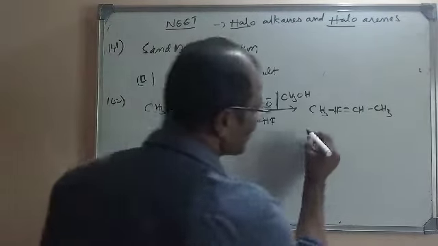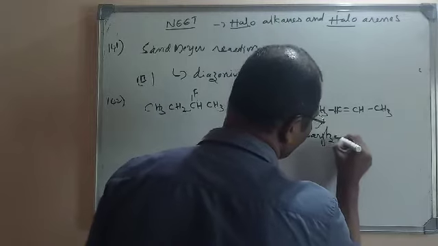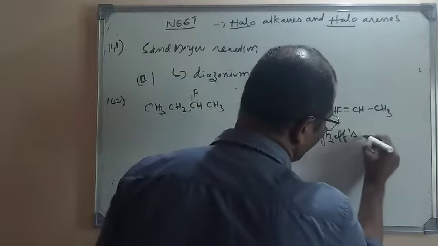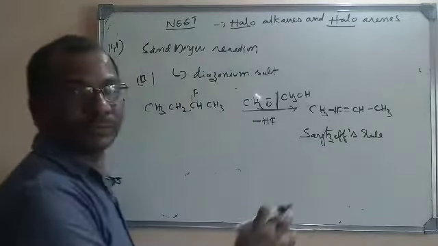According to Saytzeff rule, we know what is Saytzeff rule: an alkene with the most substitution will be more stable. If you take 2 butene, 2 alkyl groups will be the substituents. In case you take 1 butene, CH double bond CH2, here there is only 1 alkyl group on the double bonded carbon, and on this carbon there are no alkyl groups.